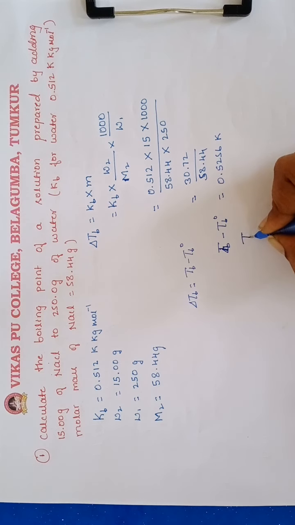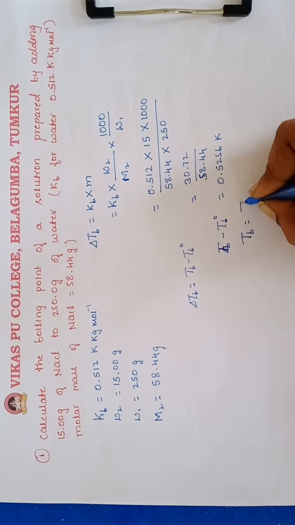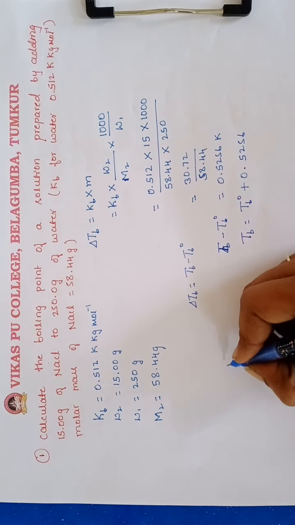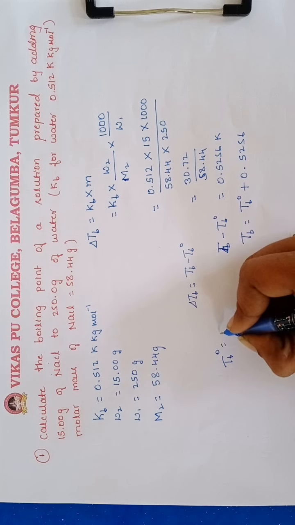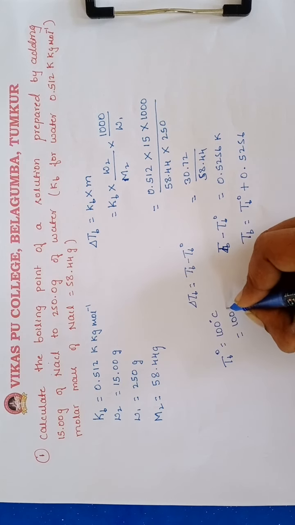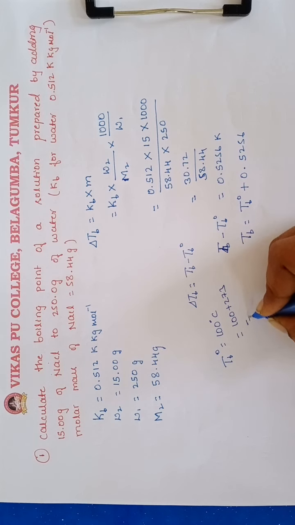Then Tb is equal to Tb naught plus 0.5256. This Tb naught is equal to 100 degree Celsius, which on converting, 100 plus 273, we get 373 Kelvin.